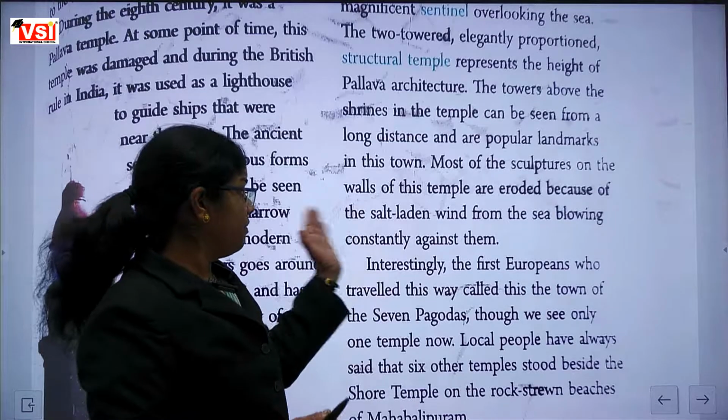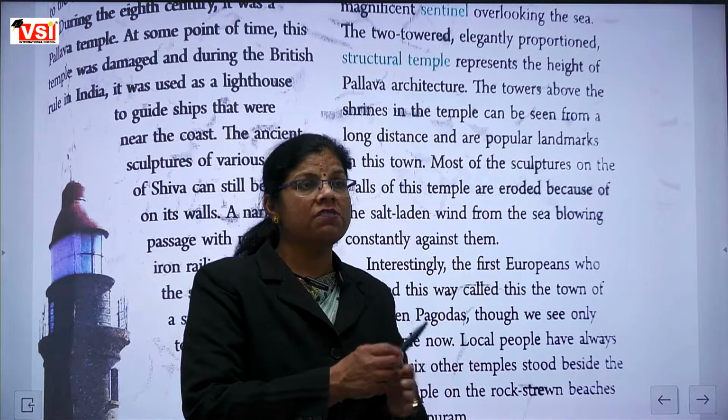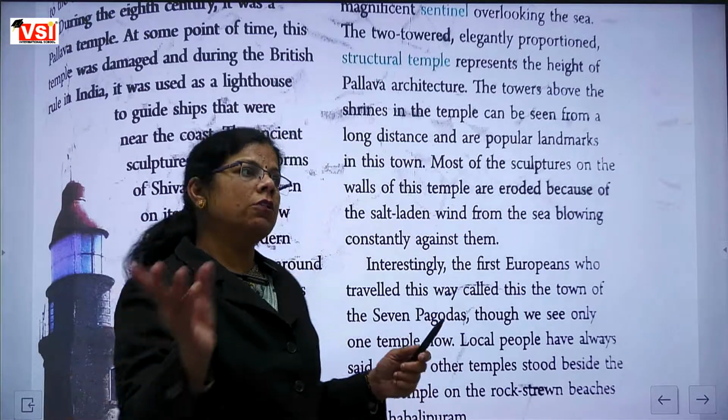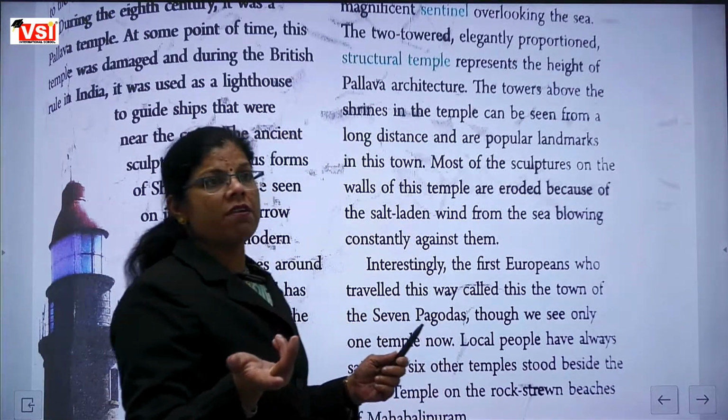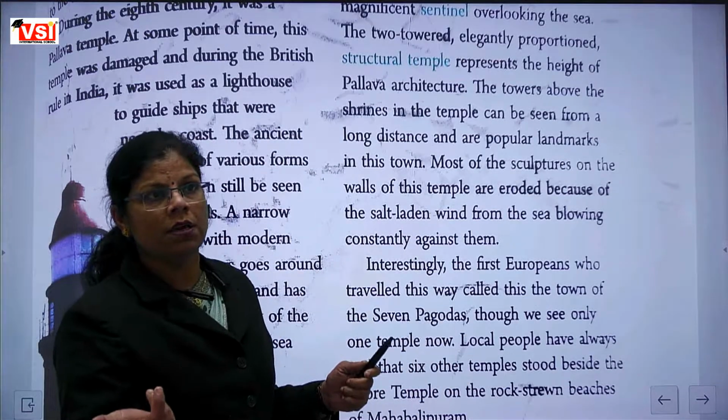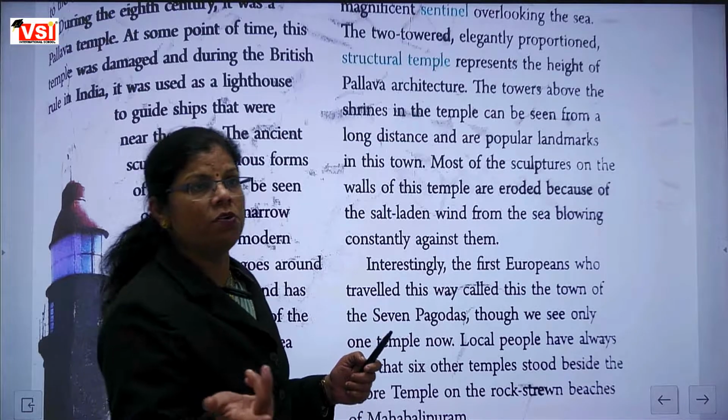Fine. ऐसे ही इस वाले एरिया में when there is a sea near about, तो in that area wind जो है वो भी salty वाली होगी. Fine. मॉइस्चर वाली होगी, ह्यूमिडिटी वाली.